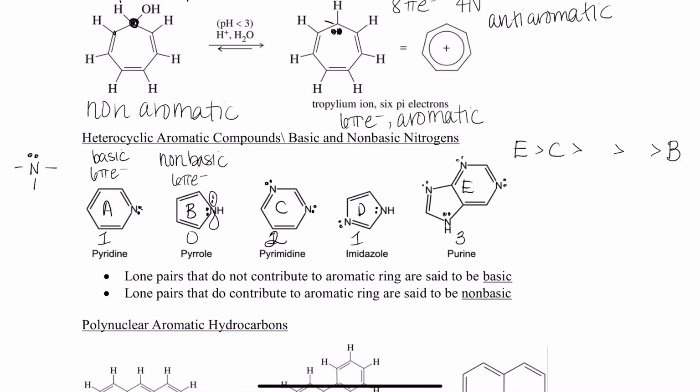Now, whenever we just compare our imidazole and our pyridine, pyridine will take priority because even though they both have 1 basic nitrogen, our imidazole is still going to be a little bit less basic because we have 1 non-basic nitrogen over here. So that's how we could rank these in increasing or decreasing basicity, or even acidity if we were to get the conjugate acids of all of these structures.